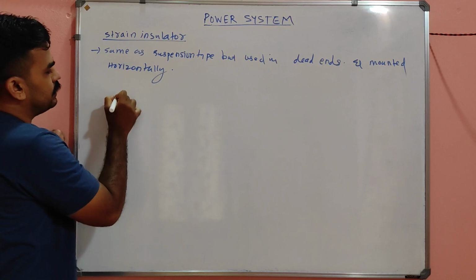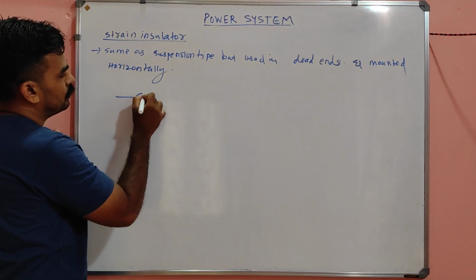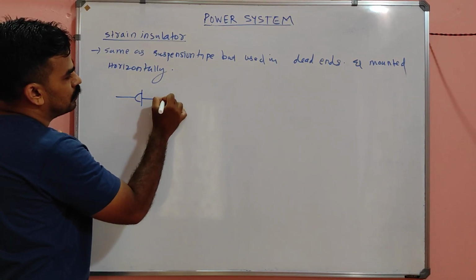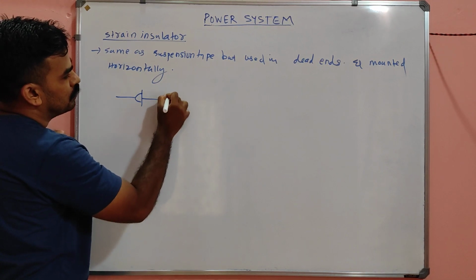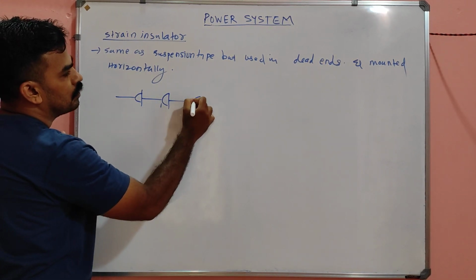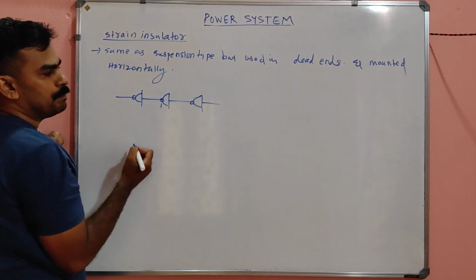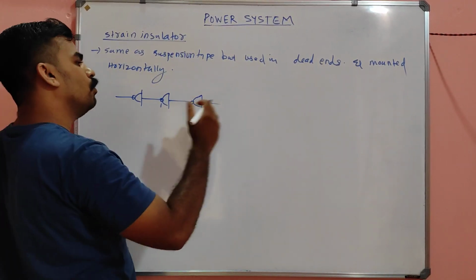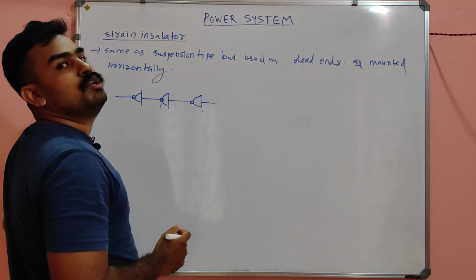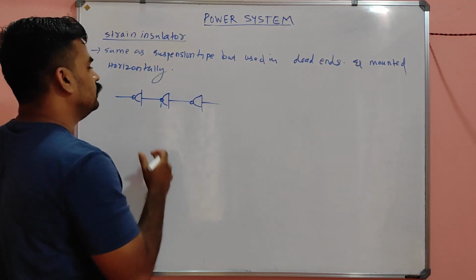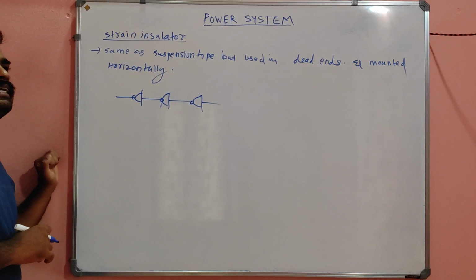You might have seen it like this, my dear. The same suspension type insulator is mounted horizontally, not vertically. This happens when there is a dead end.